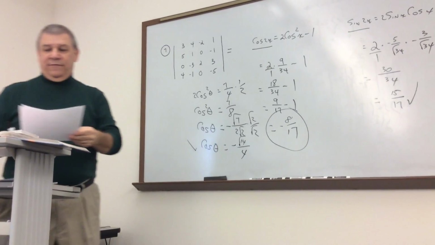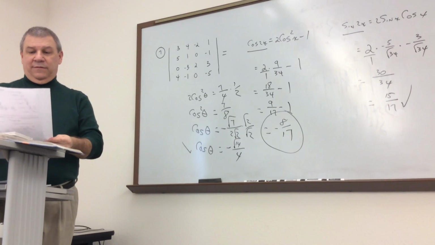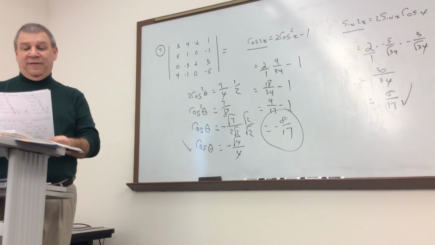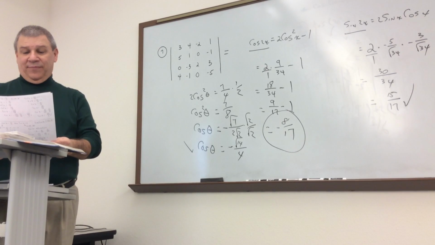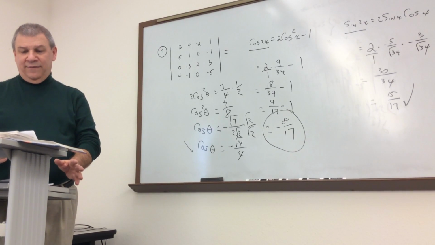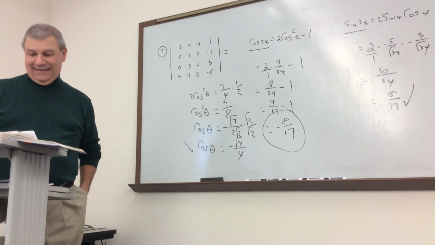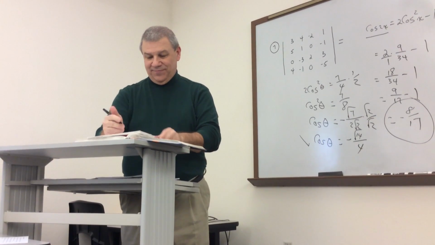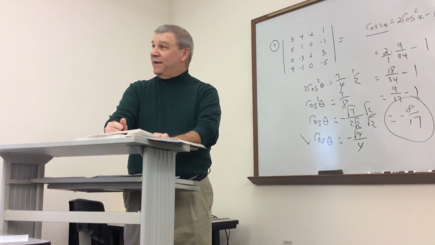Mike? Number 10, why did the 2/3 go to 4 nines? Did I make another mistake? Say it again. Where? The 2/3 for cosine 2x. Are you looking at number 10? Yeah. Okay, I made another mistake.